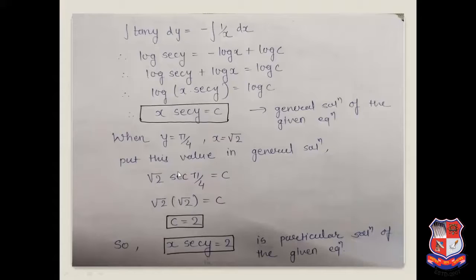We know the value of sec pi by 4 is root 2. So root 2 into root 2 is 2, and we get the constant c equals 2. Put this value in the general form. So we get x sec y equals 2, which is our required particular solution of the given equation.